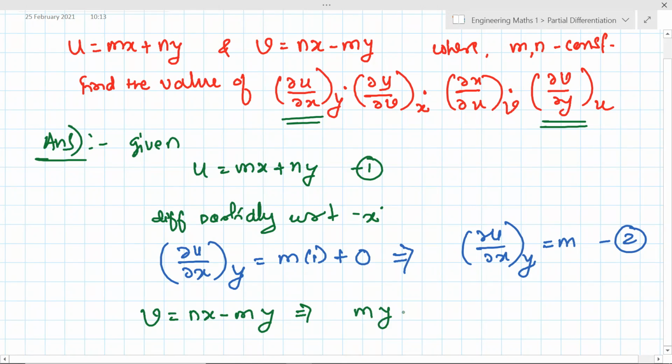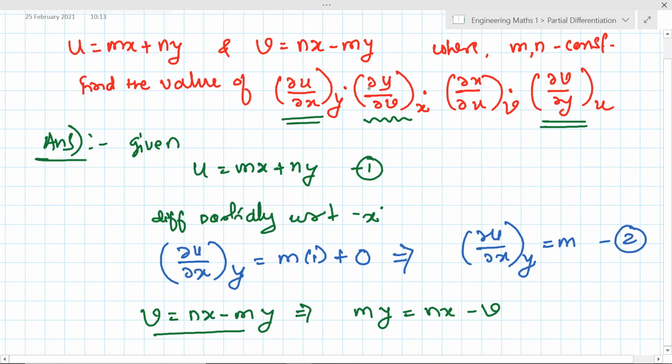So therefore my = nx - v. We want the expression in y, v and x, because then we will get ∂y/∂v treating x constant. This is the expression in y, v and x.